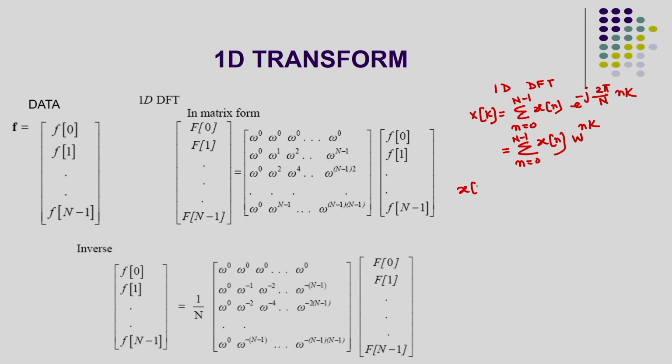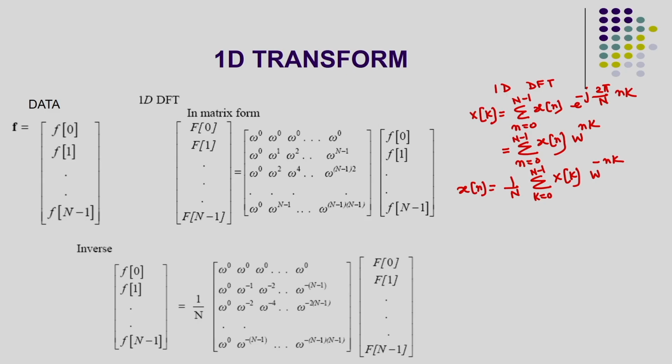And xn I can write as 1 by n times the sum over k from 0 to n minus 1 of Xk W to the power minus nk. This is the 1D DFT.